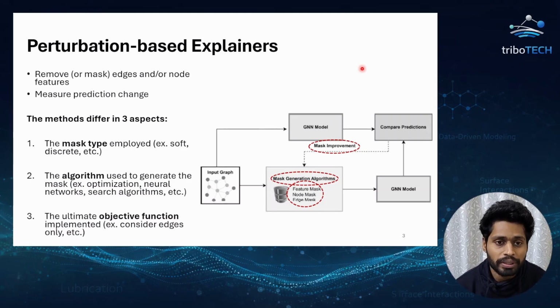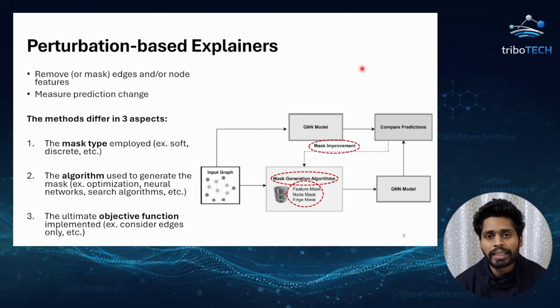The second aspect is the algorithm which they use to generate the mask. You will understand this in the coming slides. What are the algorithms to generate mask? For example, they could be optimization algorithms, they could be using neural networks, or they could be search algorithms also.